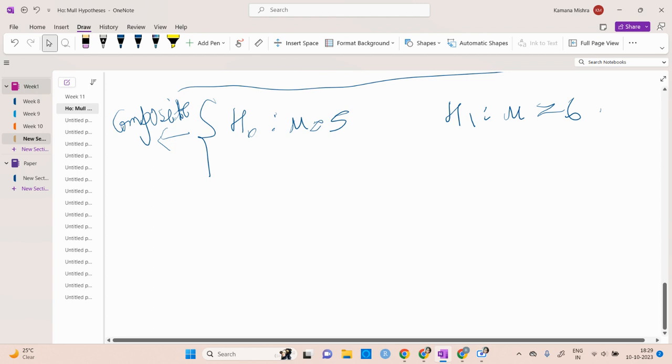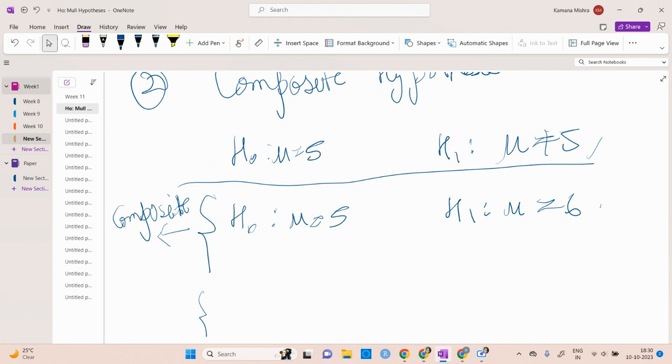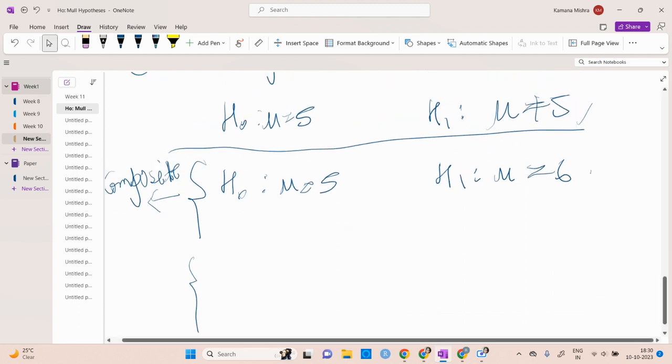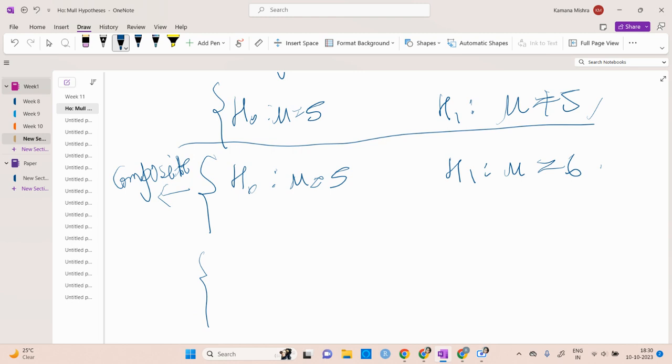And the simple one will be the one in which we give everything. Take, for example, the lifetime of a bulb, which follows an exponential distribution, where you have only one parameter, which is the mean, lambda.